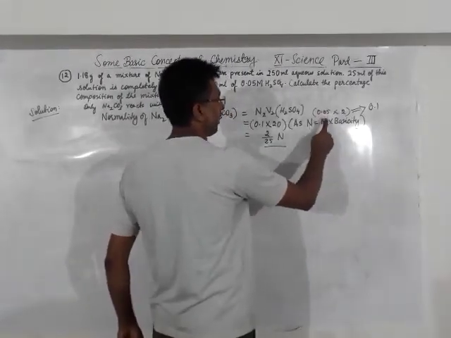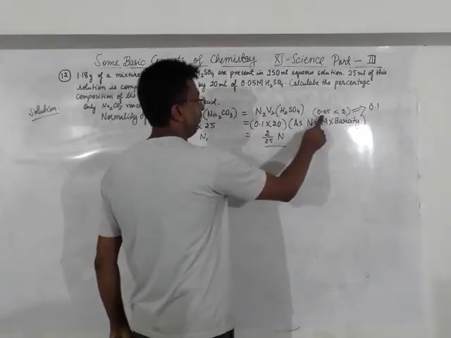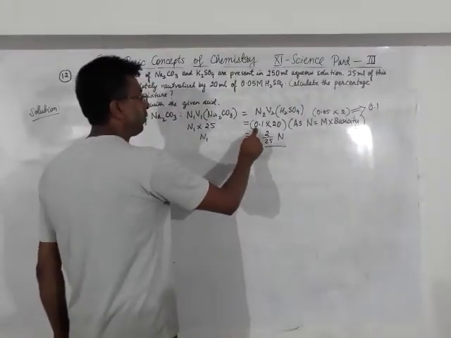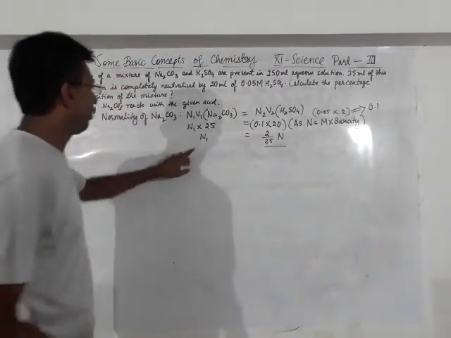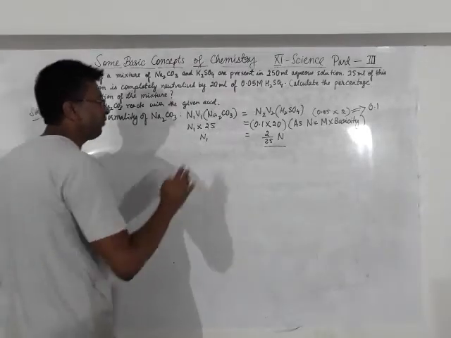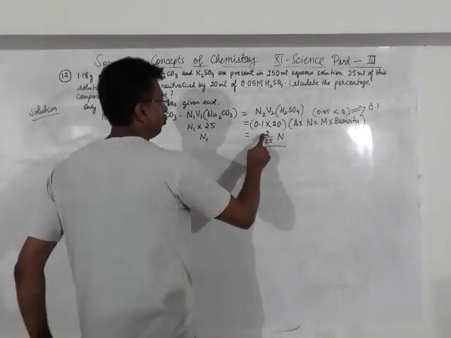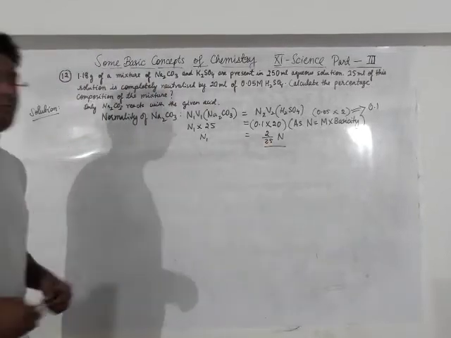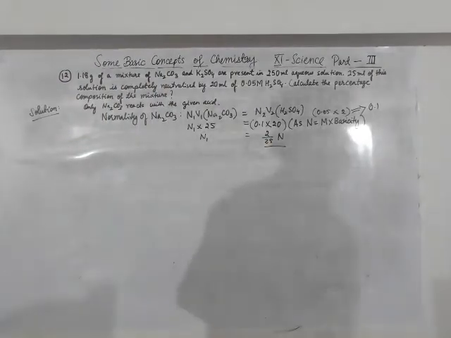So 0.05 is the molarity given in the question, multiplied by 2 basicity, that comes to 0.1. That is why I put 0.1 into 20 over here. Therefore, N1, the normality of sodium carbonate, on simplification comes to 2 divided by 25 N. So this is the first step. In this first step, we have obtained the normality of sodium carbonate N1 as 2 divided by 25.